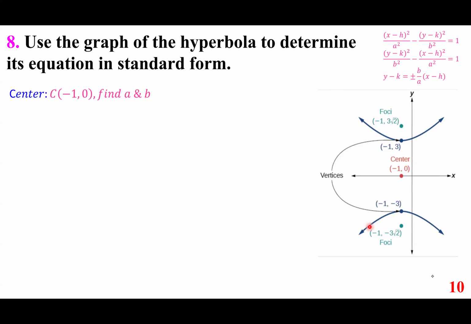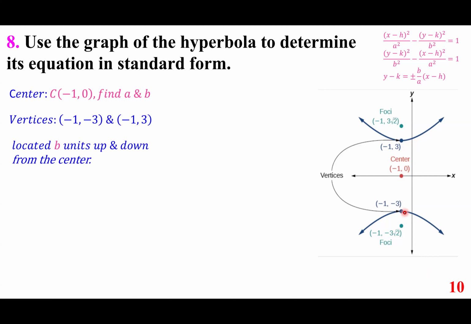It opens up and down. The vertices are located here and here, b units up and down, so the vertices are (-1, 3) and (-1, -3), located b units up and down from the center.